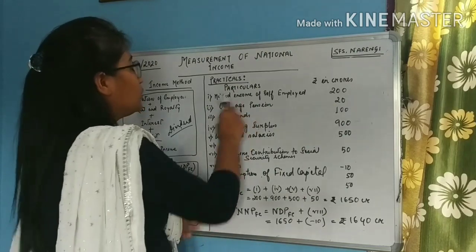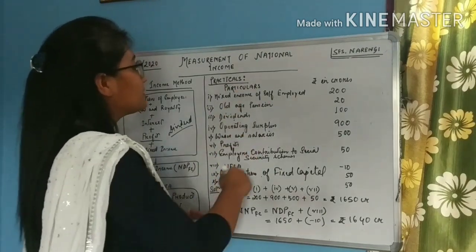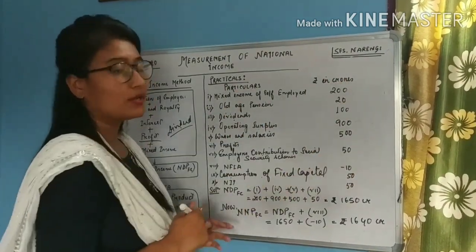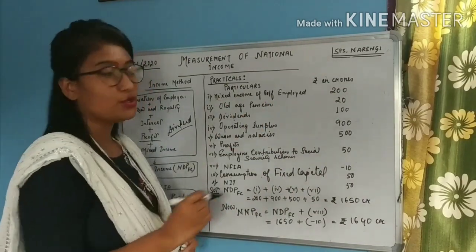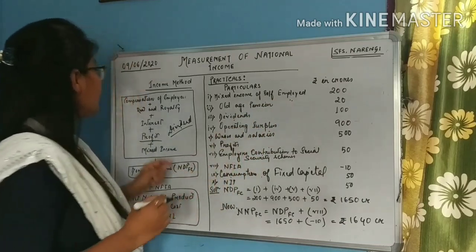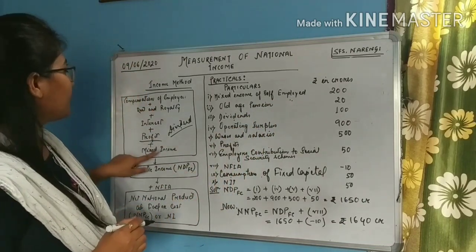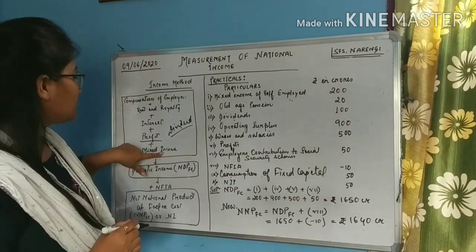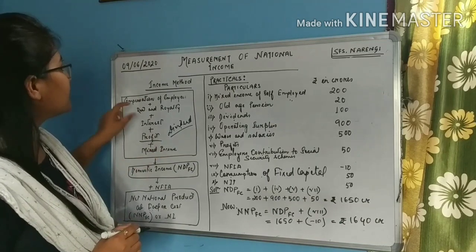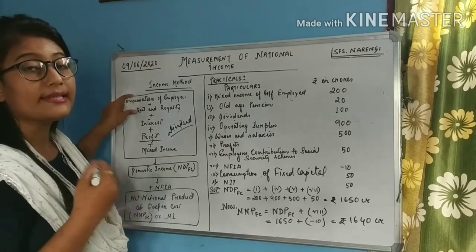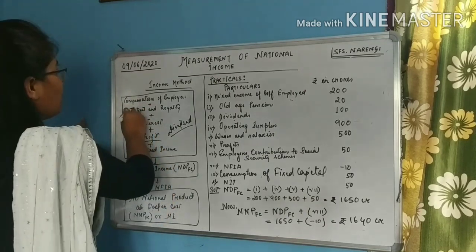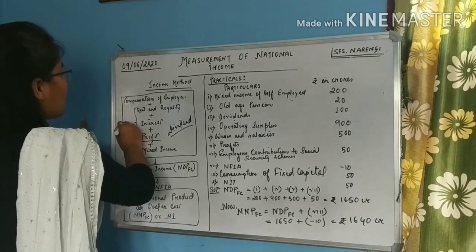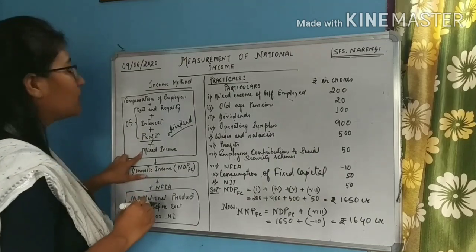Okay. So these are the various particulars given, and these are their values. Mixed income of self-employed is the third component. The first one is the compensation of employees, and the second one we know is the operating surplus. Operating surplus includes all these 3 things. These 3 are the operating surplus, and the third one is the mixed income.